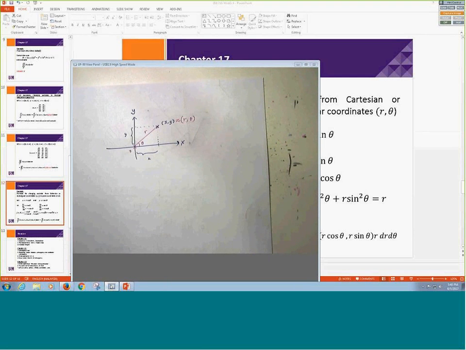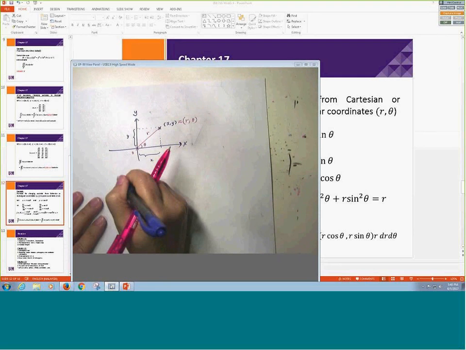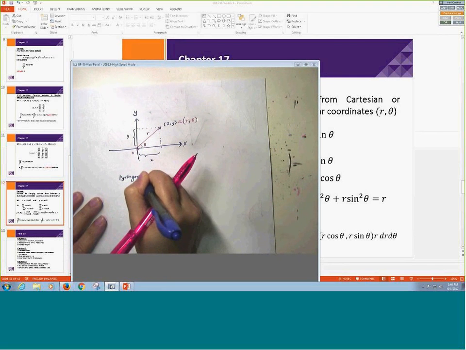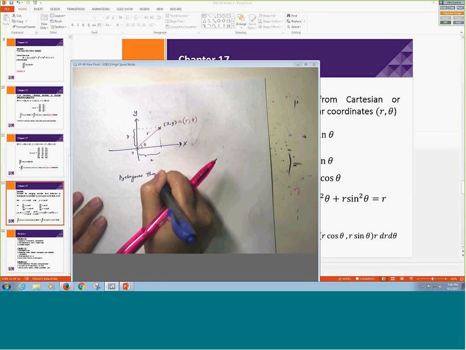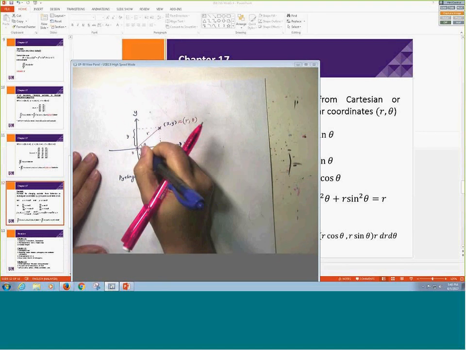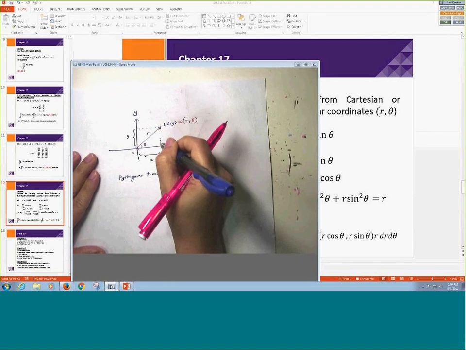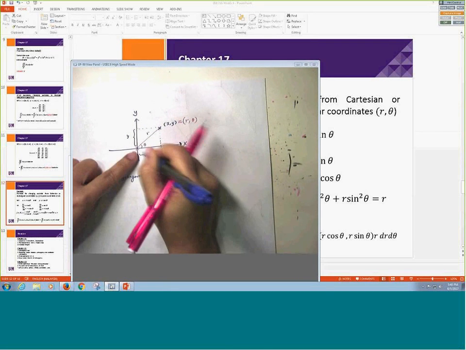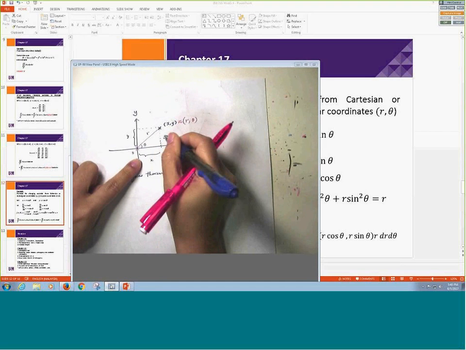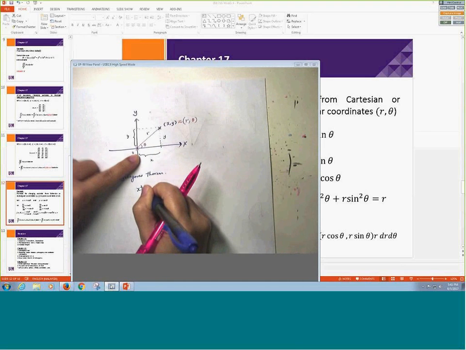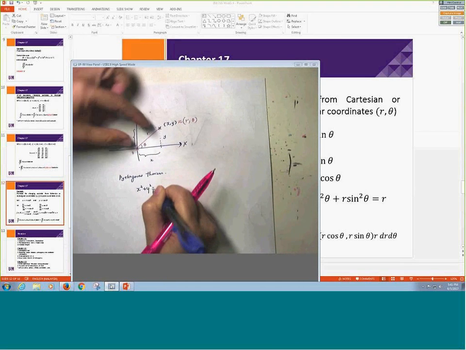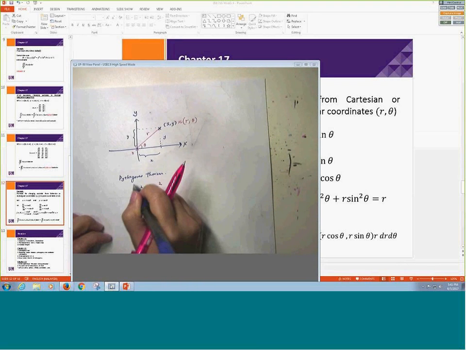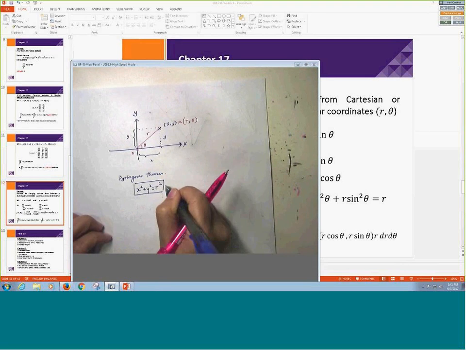When we want to represent the relationship between xy and r theta, the first one we know by the Pythagoras theorem. If you have the triangle, we know that this is the x, this is the y, so x squared plus y squared equals r squared. From the Pythagoras, we know this. So we get the first relationship.